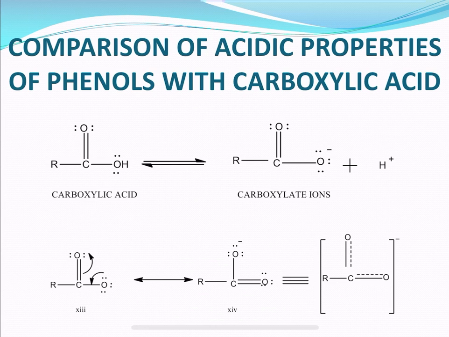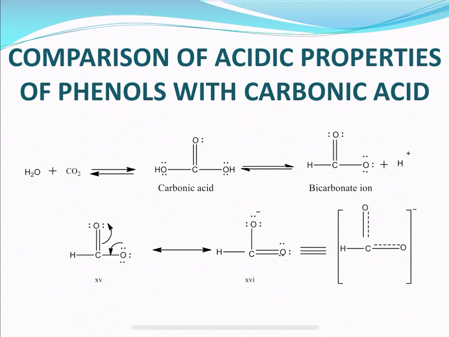Hence, carboxylic acids are more acidic, that means they have a higher Ka value than phenols. This is how we understand the comparison of acidic properties of phenols with carboxylic acids.